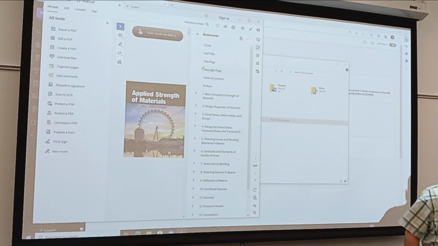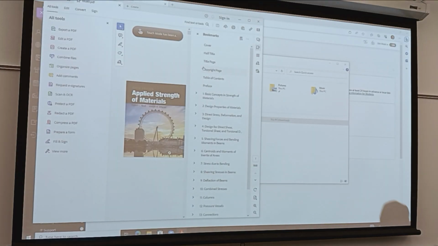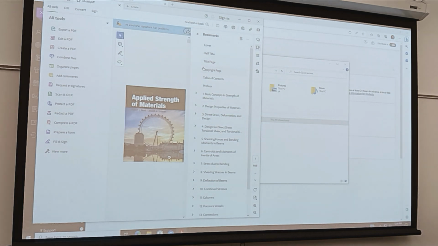Okay, so we're still at chapter 1, and the book does some reviews of the statics. I said that this class relies substantially on what you learn from statics, including area properties, center of masses, centroids, area moments of inertia, something that you did in statics.